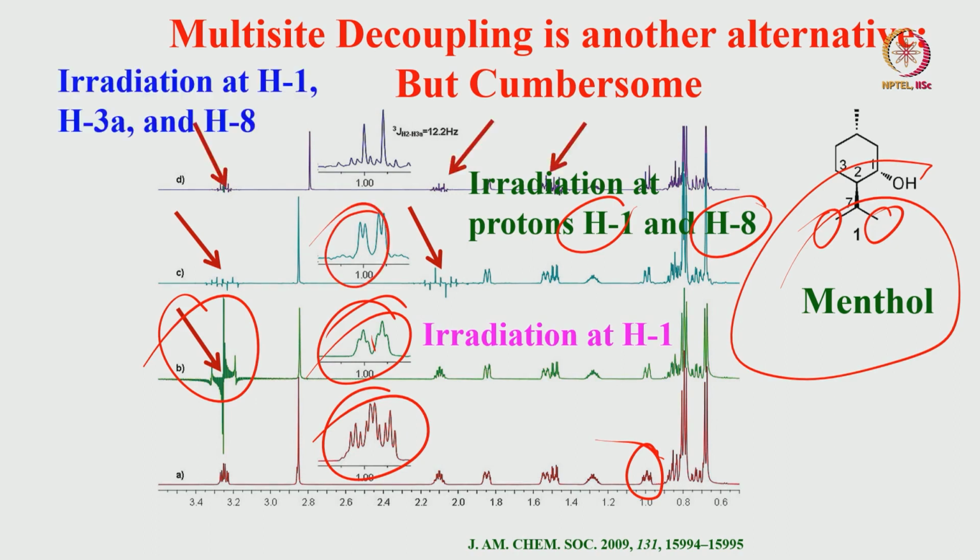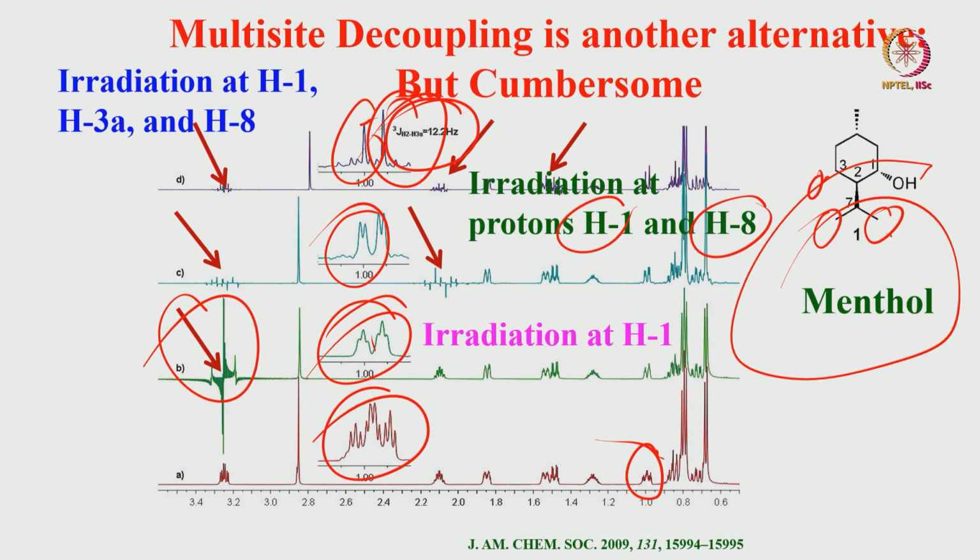Go further, you can saturate this: irradiate H1, H3A and H8, all three. Then you are going to see the coupling here, that is now a doublet. You can simply measure the separation and get the coupling, a three-bond coupling.